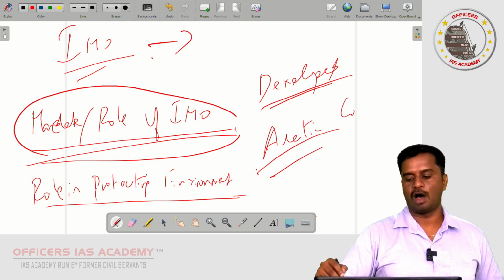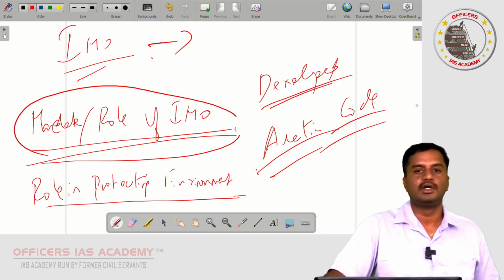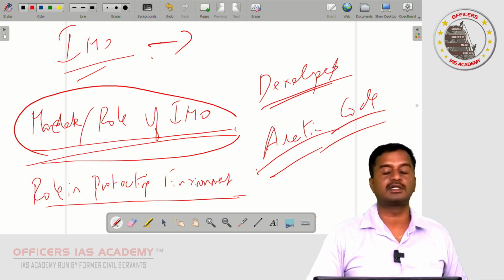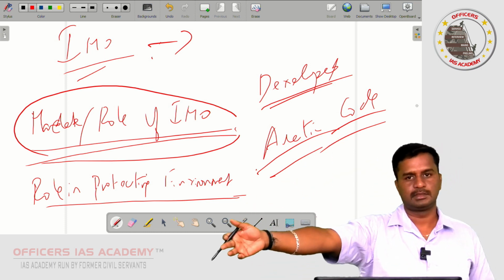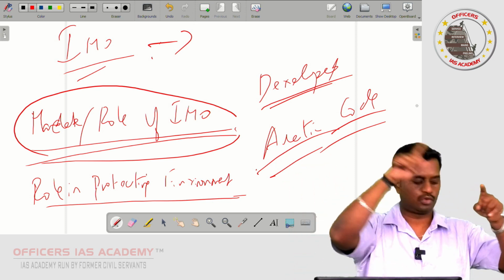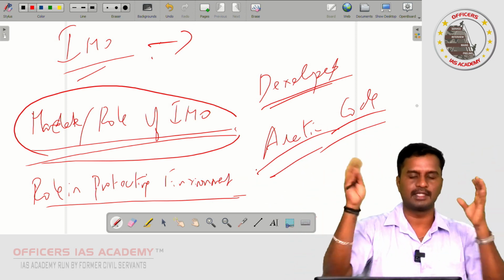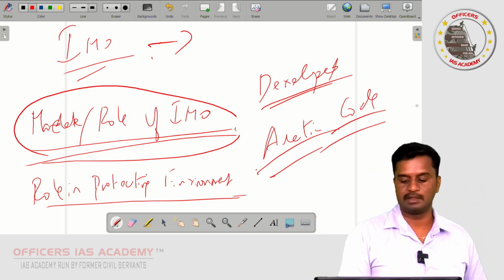There is a code called Arctic Code which describes navigation in Arctic. Today, Arctic has become a much sought after region. States like Russia and China are trying to explore Arctic for taking the resources. They are also trying to explore Arctic to find a shorter route to Europe. So, connect everything. Try to connect as much as possible, keeping important dimensions in mind.